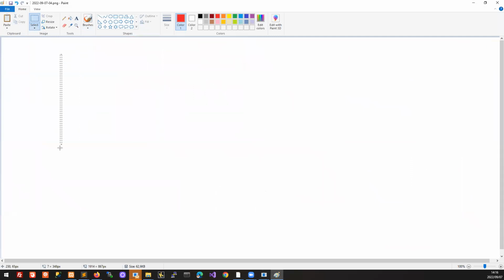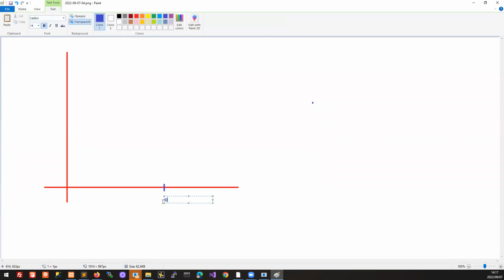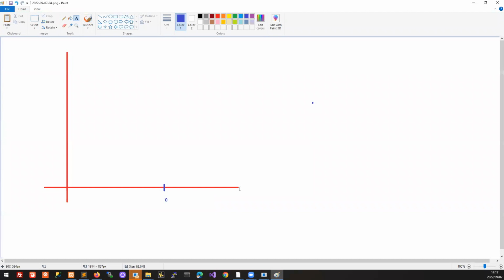So this is the Dirac delta function. I'm choosing my 0 to be here. That's x.